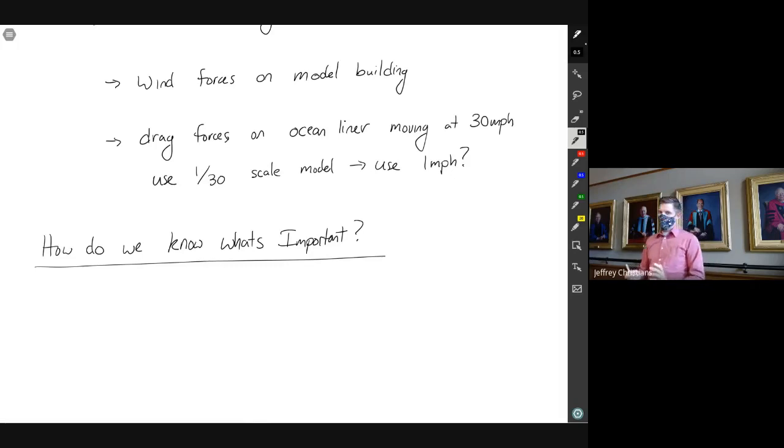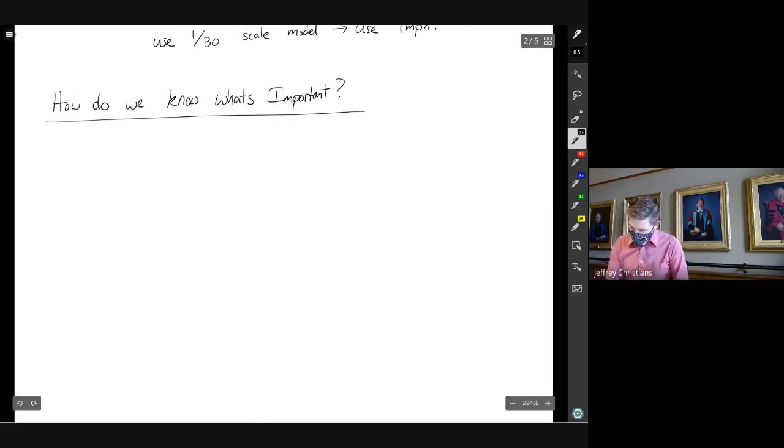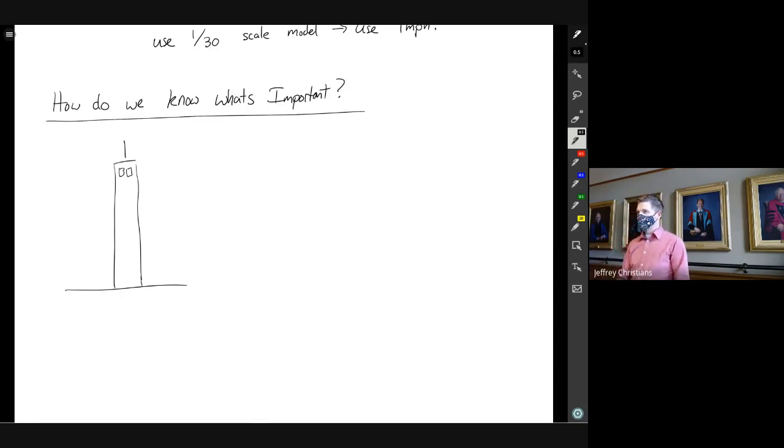Again, if we imagine looking at, let's say, a skyscraper, here's our skyscraper, and we want to look at wind blowing against that skyscraper to make sure it doesn't blow over.